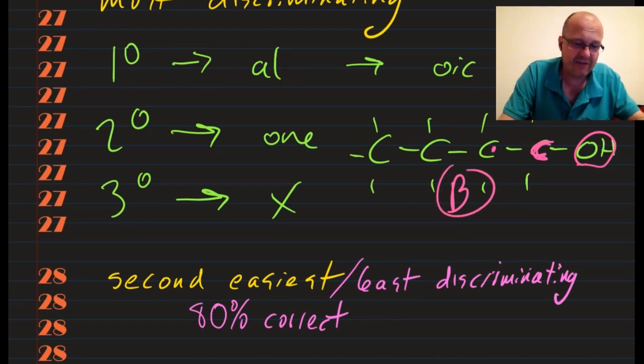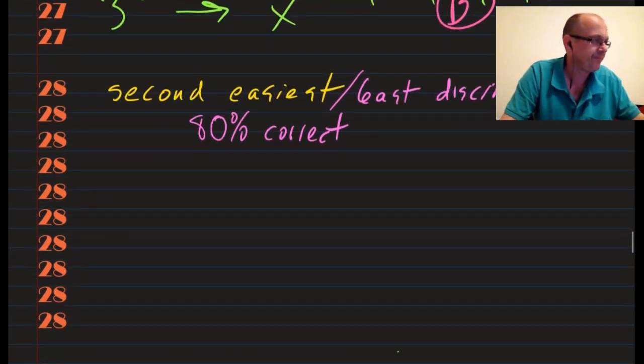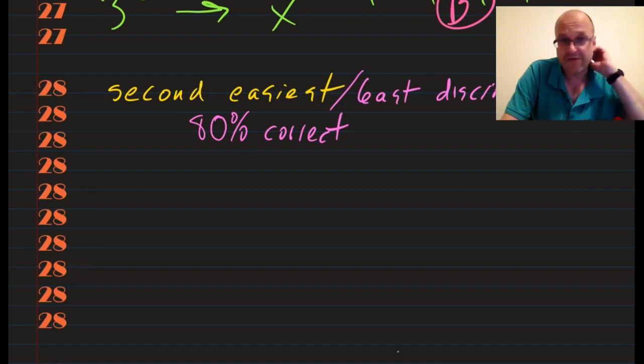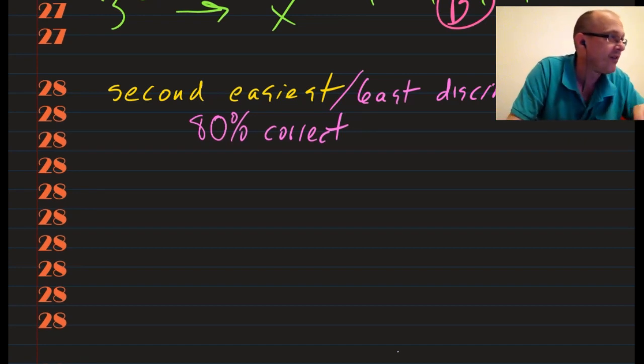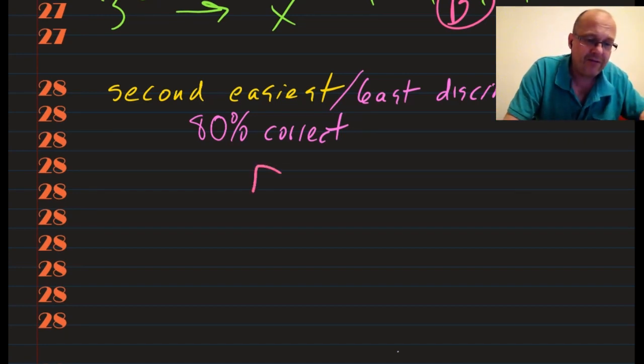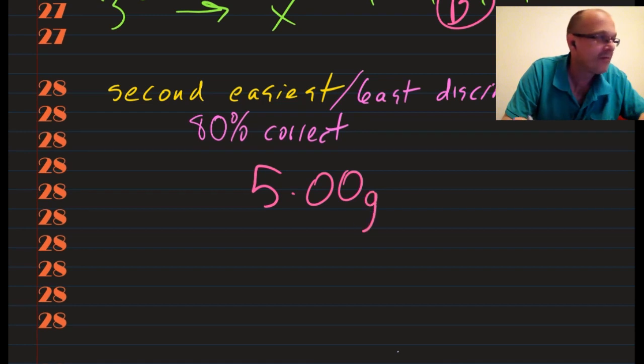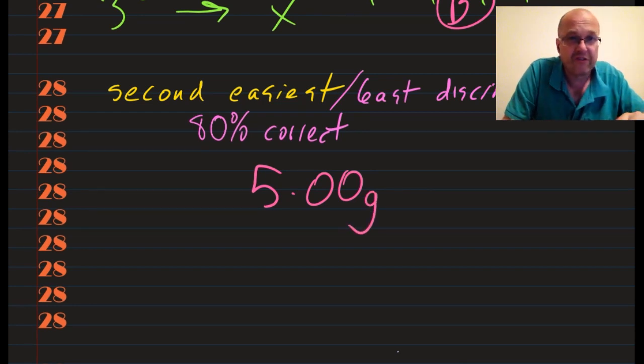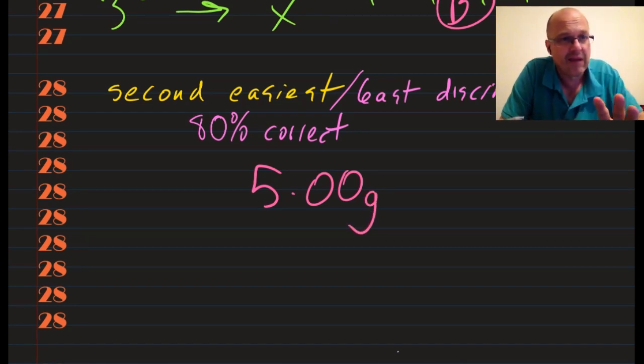28, the second easiest and the least discriminating. That's strange because that's probably one of the first things you taught, but maybe you used this information a lot. 80% got it correct. So I've got a balance 5.00 grams. Is it digital? Is it analog? They didn't say, but all the answers assume digital.